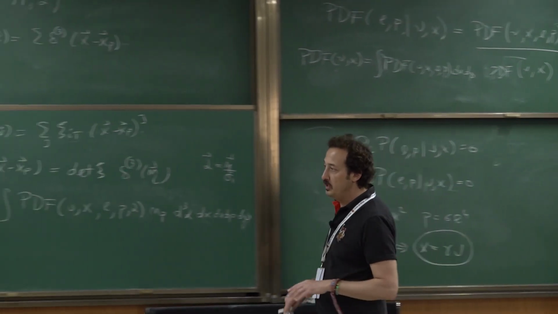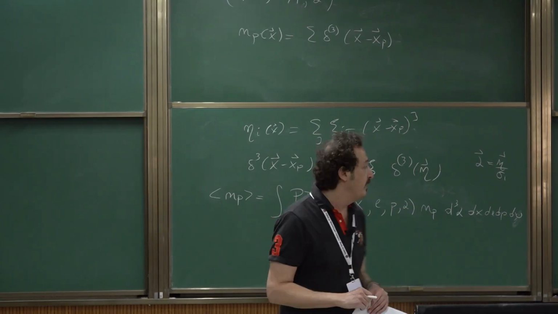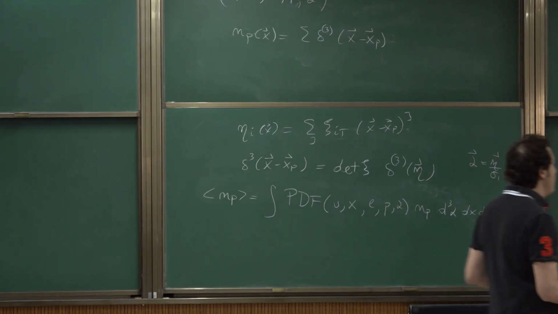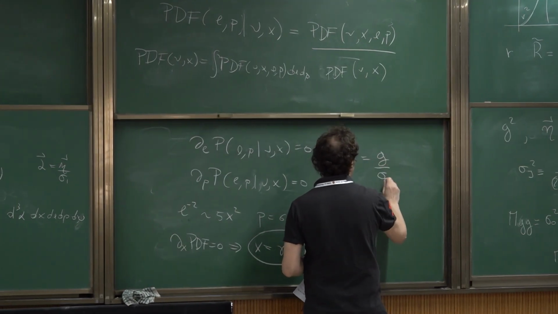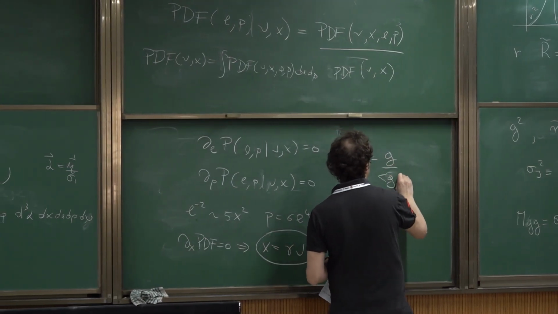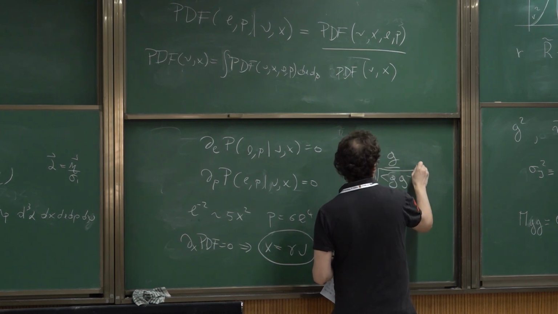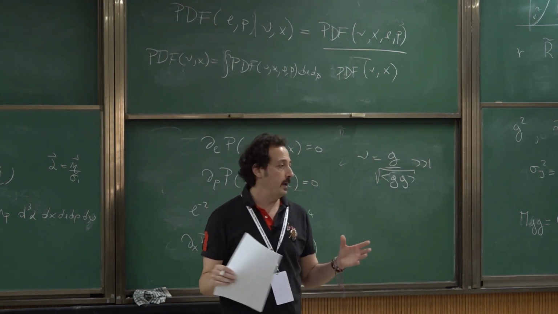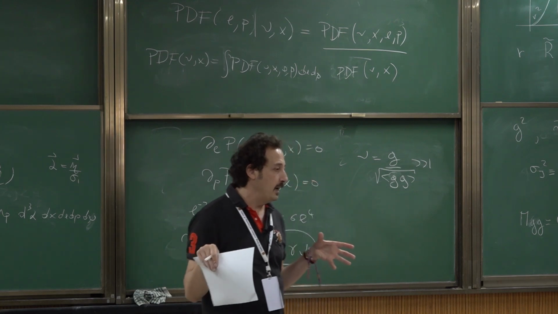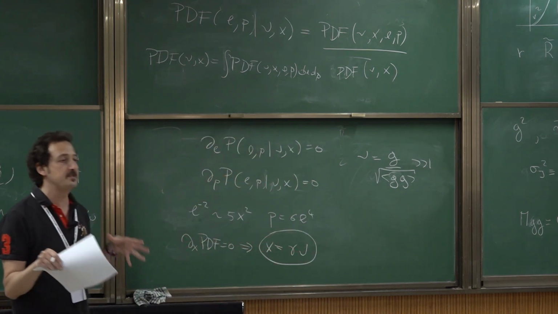So what we just found out is that if nu, which I remind you is simply G divided by its correlation, is much bigger than 1, then our initial configuration is spherical.